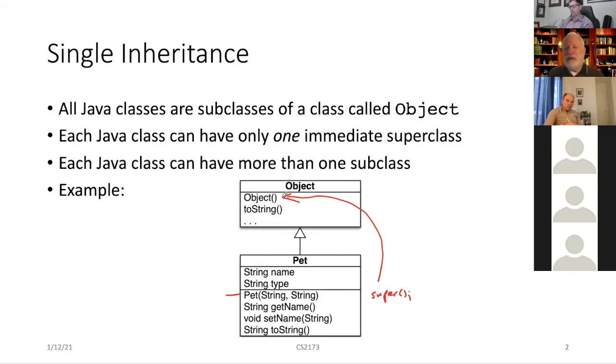And the reason for that is that that ensures whatever initializations the object class needs to do to set up that object is done before any code that the user puts in gets executed.